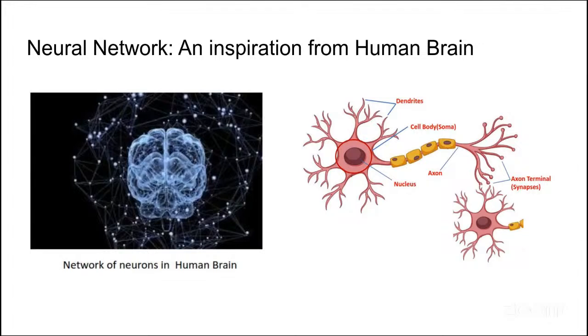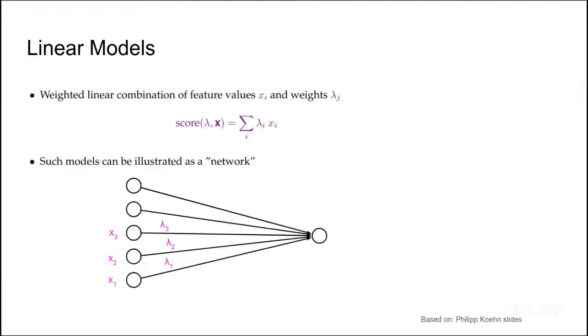So let's look into how this has inspired our neural network. Before we go into the neural network, let's first revisit our linear model, which we did in the very beginning of the class. Say you have a data point x and lambda is some weight.